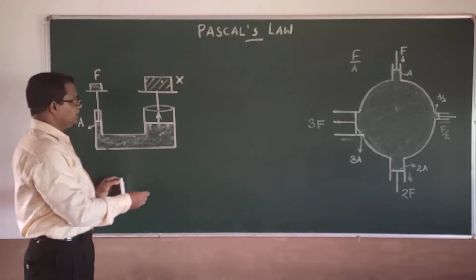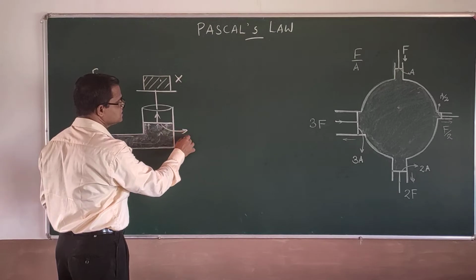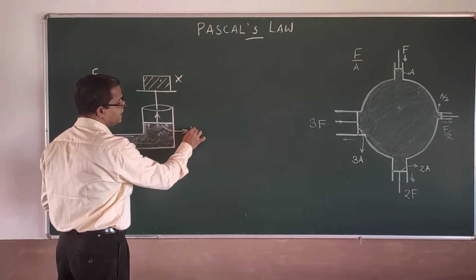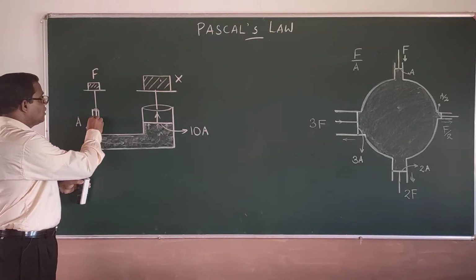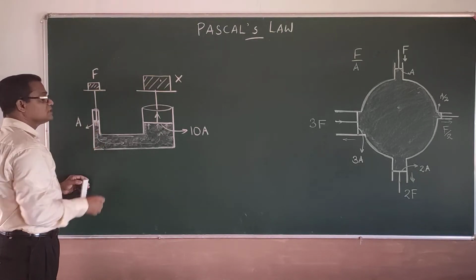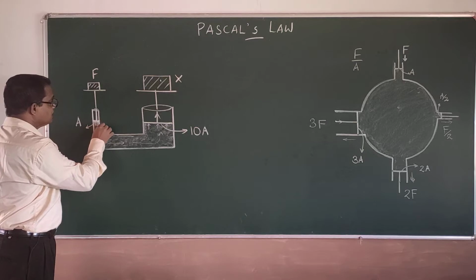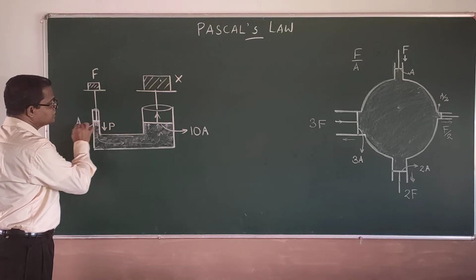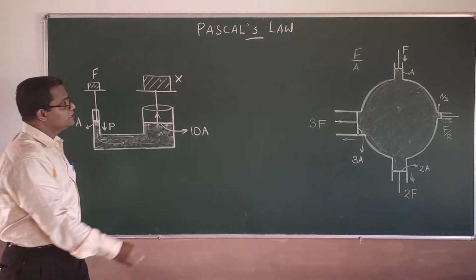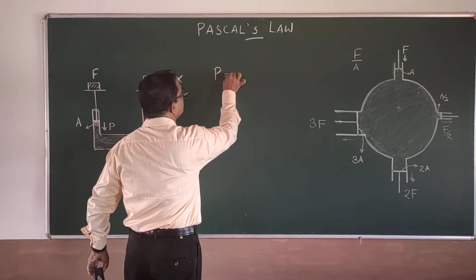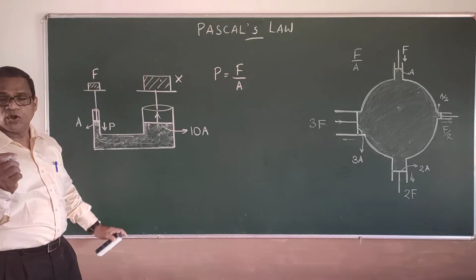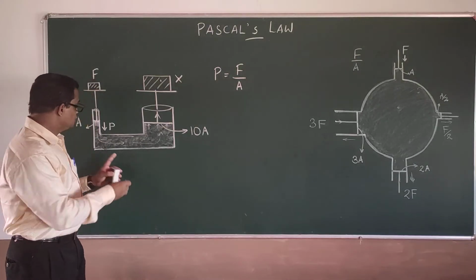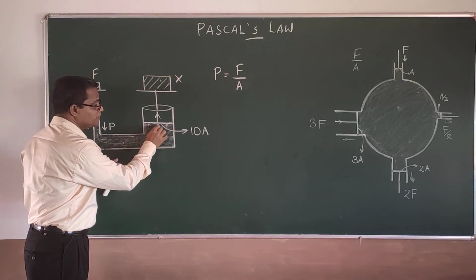Now how is it happening? Let us suppose this area is 10 times A. Then according to Pascal's law, at this particular point there will be a downward pressure P, and that downward pressure P will be equal to F by A. Then according to Pascal's law, this pressure will reach this particular point.